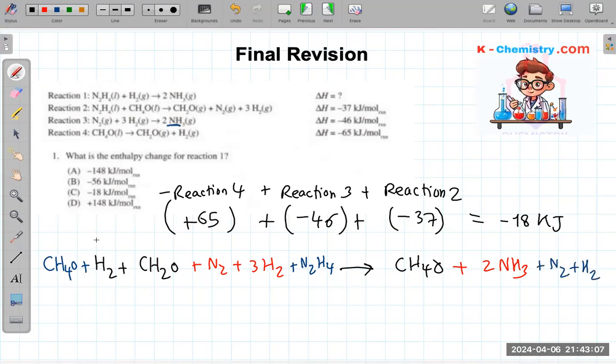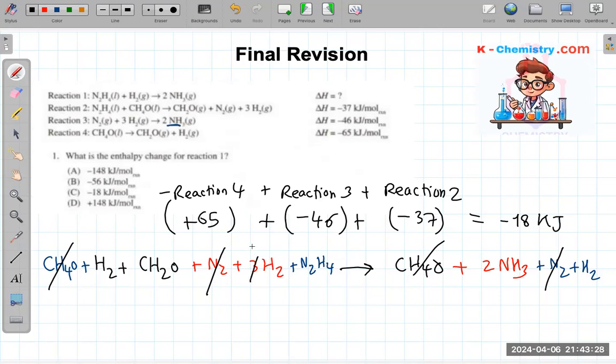So I clearly have this one repeated with this one, and N2 and H2 are repeated, but N2 is only 1 mole. So this is cancelled with 1 mole. And this is 3 moles. So here I have H2, 1 mole, and H2 here is 3 moles.